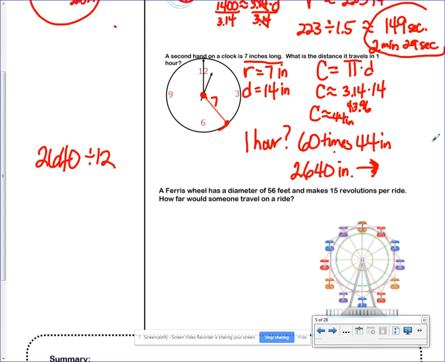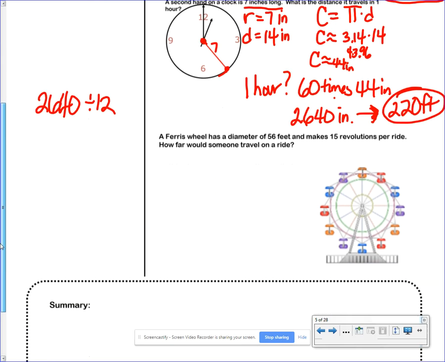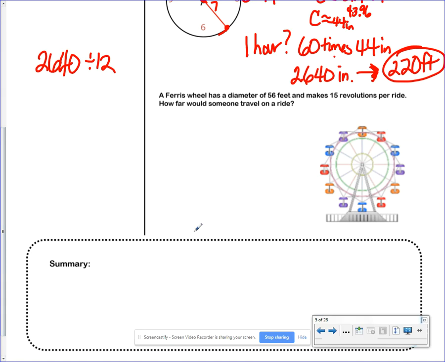And I get about 220 feet. All right. That I can kind of wrap my eyeballs around a little bit. If you think in terms of a football field, that's a little more than 73 yards. So that's almost 3/4 of the football field. Holy cow. All right, last one.